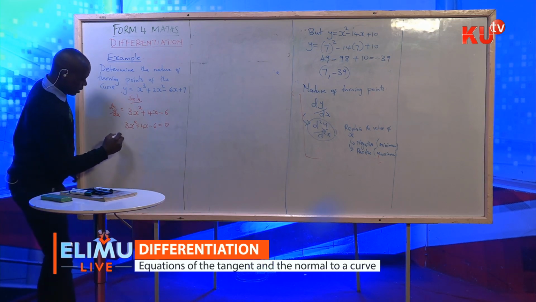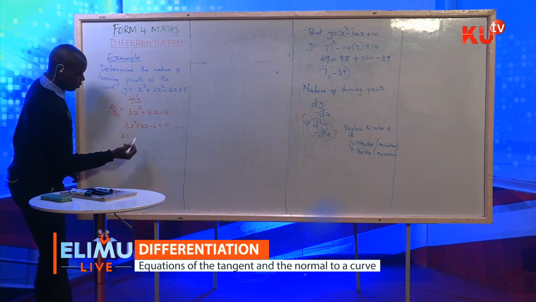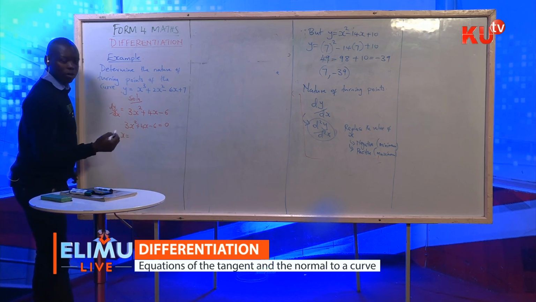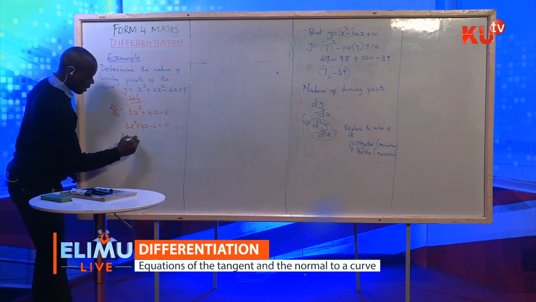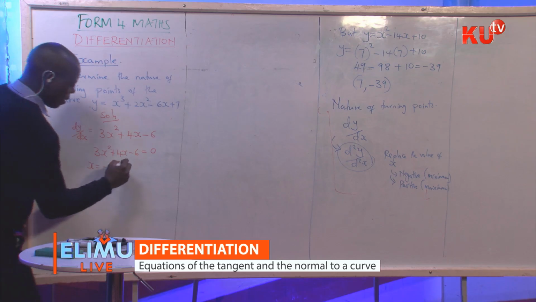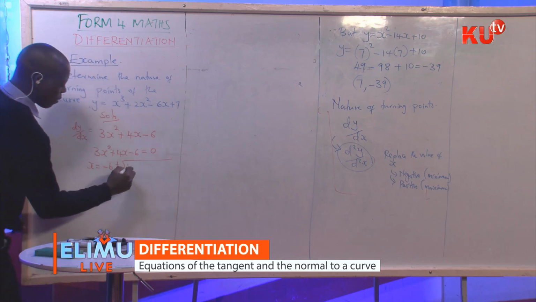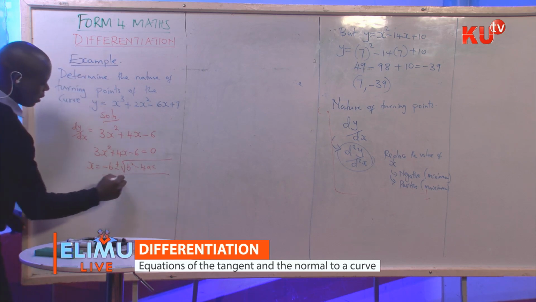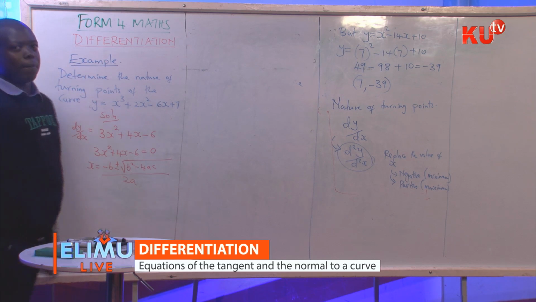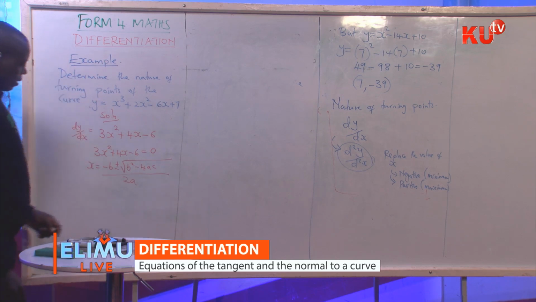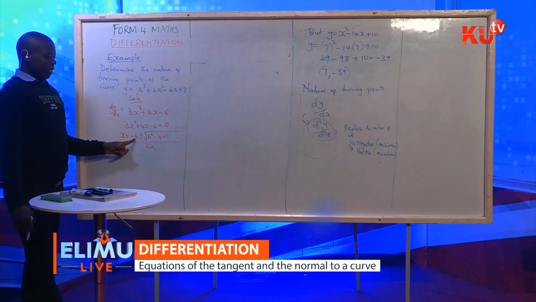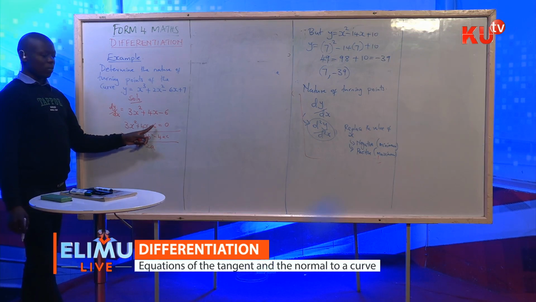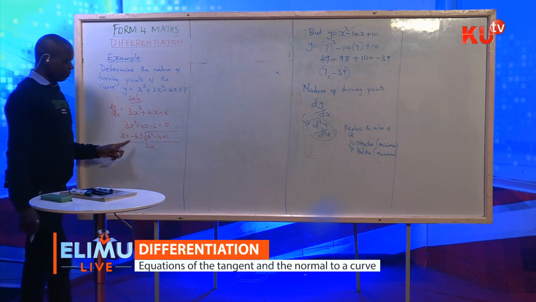So what will be x, students? x will be equal to, we apply the quadratic formula, minus b plus or minus the square root of b squared minus 4ac over twice a. Where there is b, we replace with 4, where there is a, we replace with 3, where there is c, we replace with negative 6.